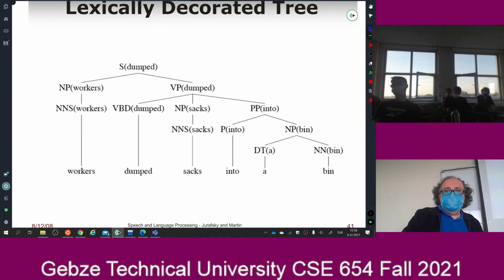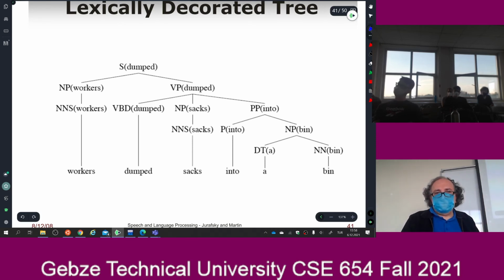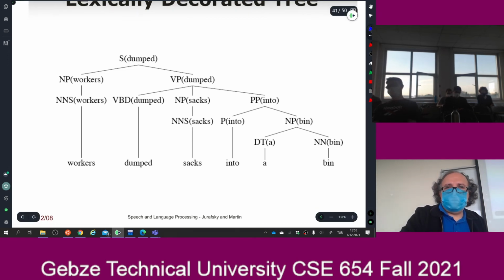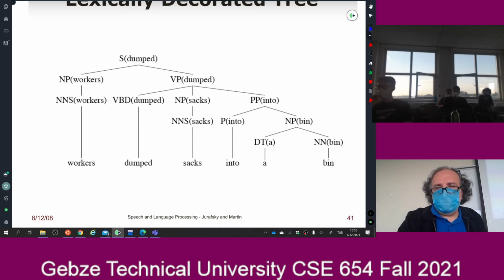For a sentence, the head of the sentence comes from the verb phrase. The verb phrase says that its head comes from the verb side. So dumped is the head of this verb phrase, and the sentence has this head. But for this prepositional phrase, the rule says that the preposition into has to be the head. For this noun phrase, the noun has to be the head.